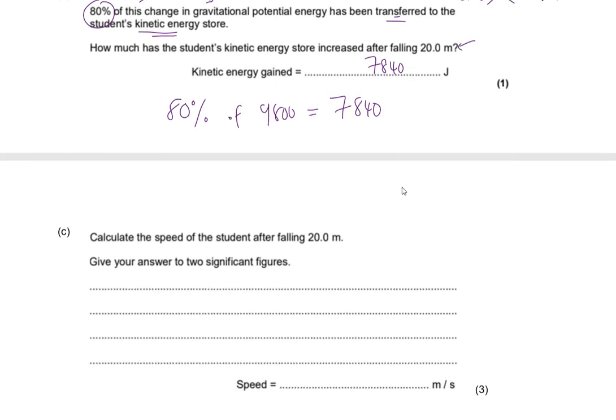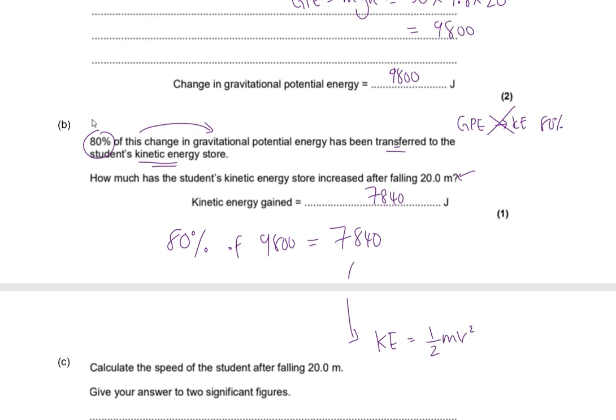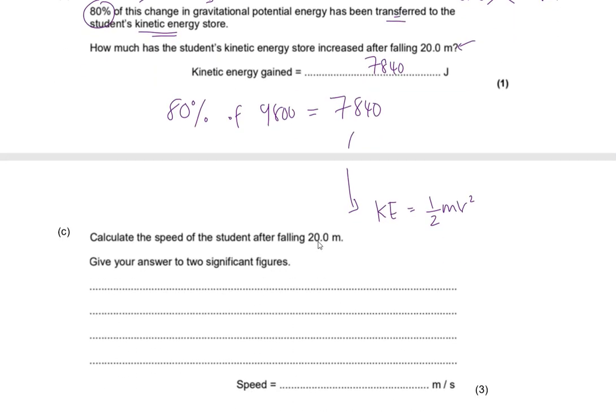Okay. So now, when we calculate the speed, what we need to do is kinetic energy is equal to half m v squared, and this is the energy that we need to use, because that's how we know. So we know that after falling 20 meters, 80% of it is converted. So therefore 80% is this one here.